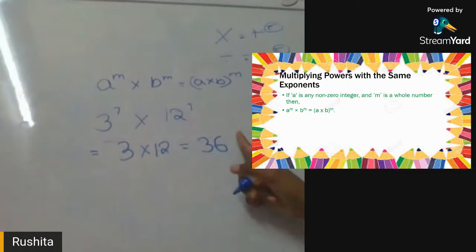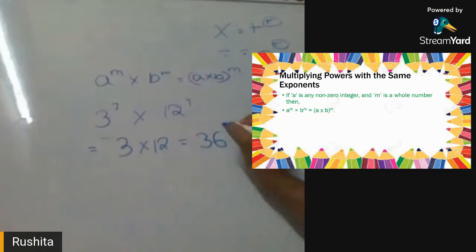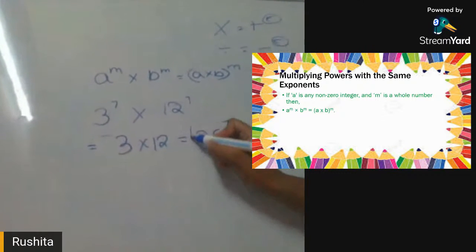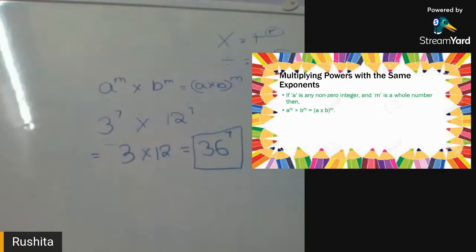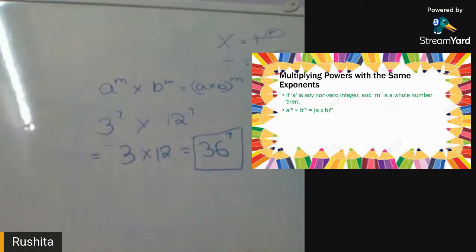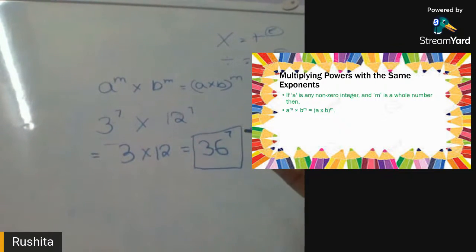Now write the exponent same over here, 7. This is the answer. Understood? Yes. Now we will go into the next one.